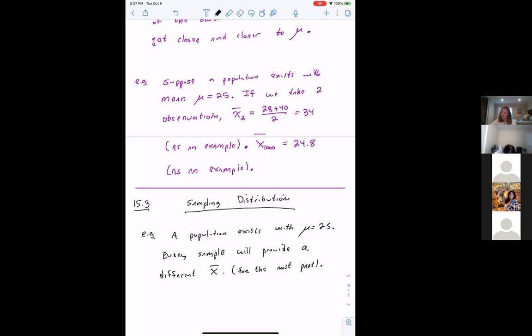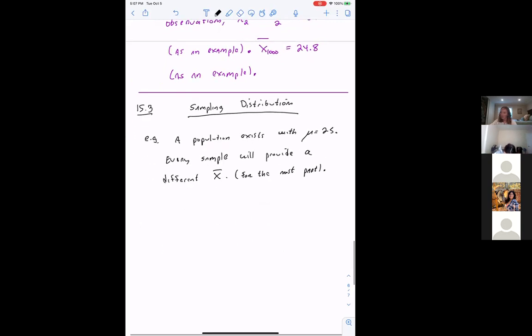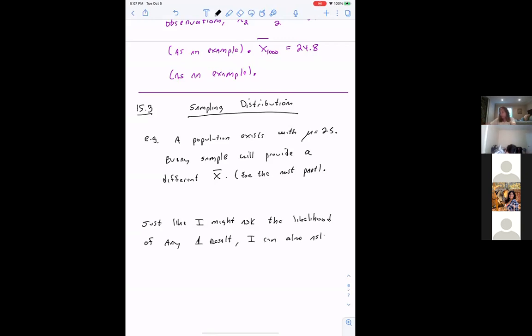Just like I might ask the likelihood of any one result, I can also ask the likelihood of X bar. What's the likelihood that X bar is 25 or 23 or 22 and so on?